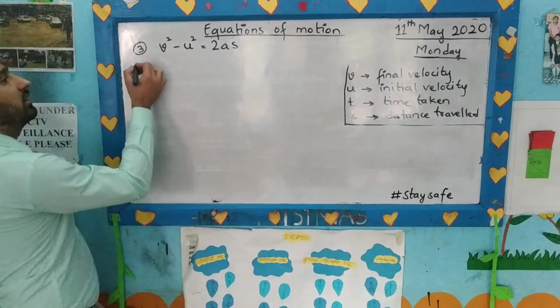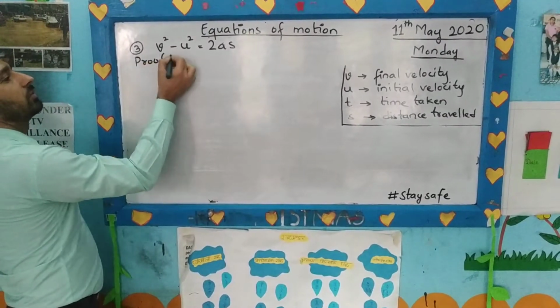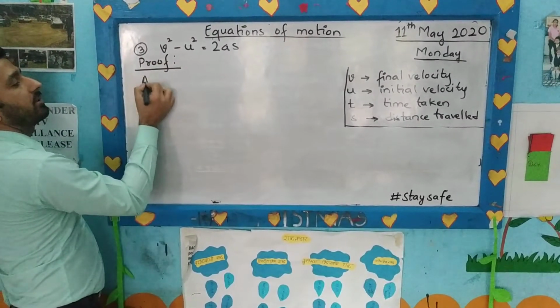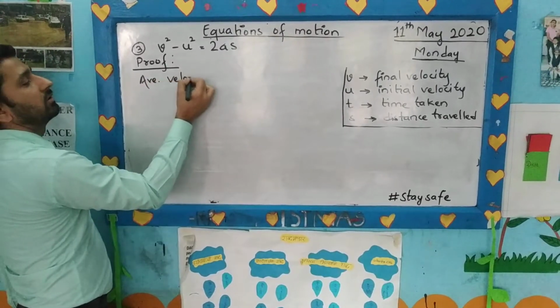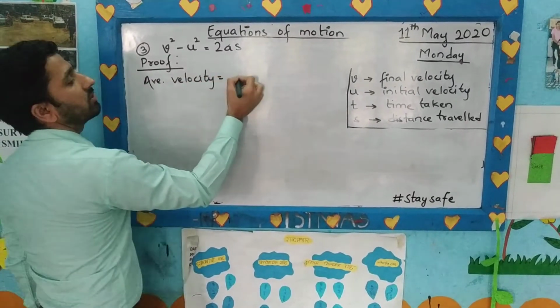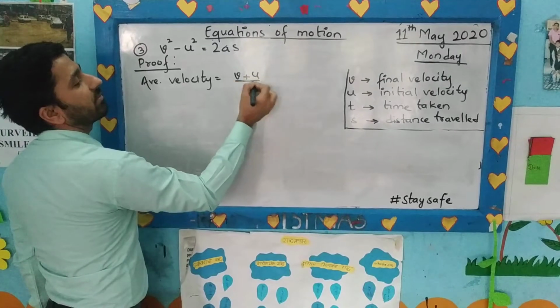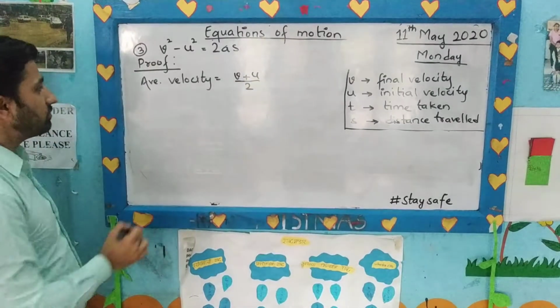Previously, in the proof, we have taken average velocity equals v plus u divided by 2.